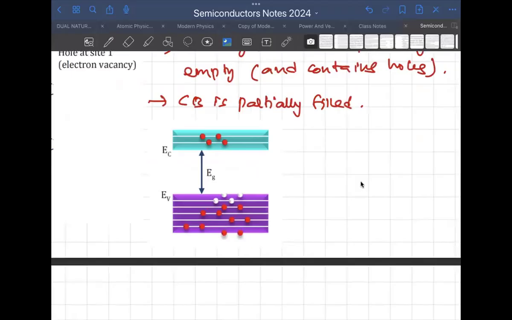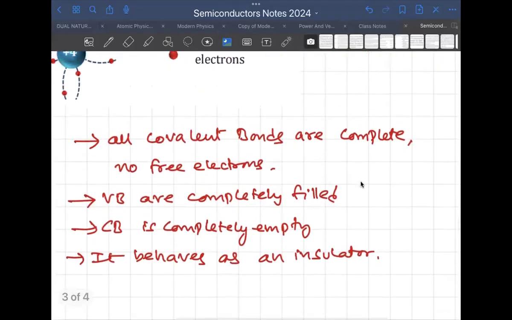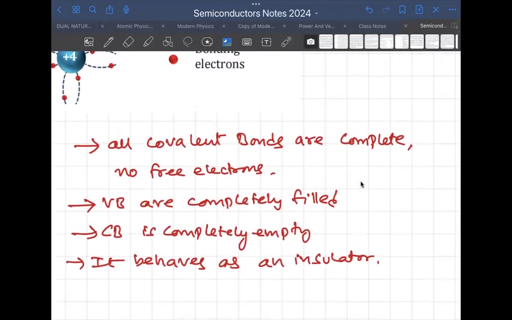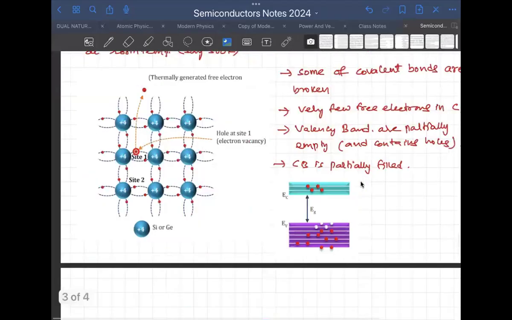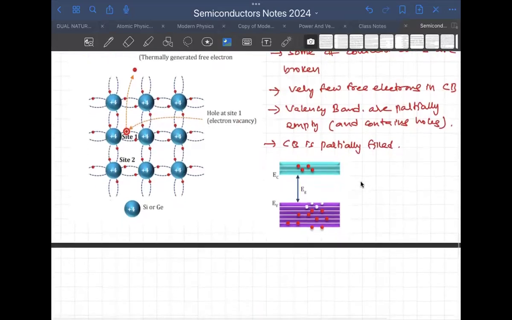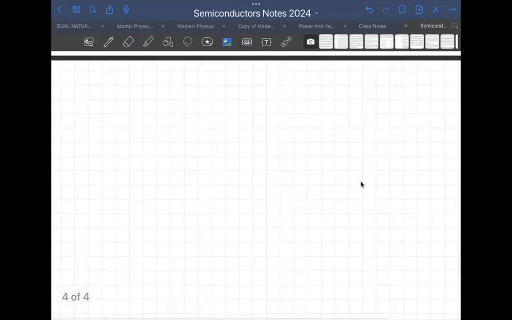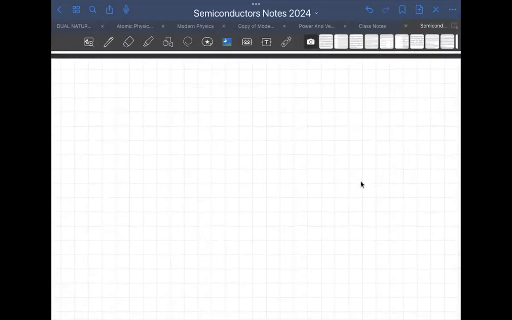Now, this process, what I have described, is what we will call electron hole pairing. Try to understand at this stage what is happening. Energy is received by this electron in the bond and the covalent bond breaks, and it is free to move in the crystal lattice.